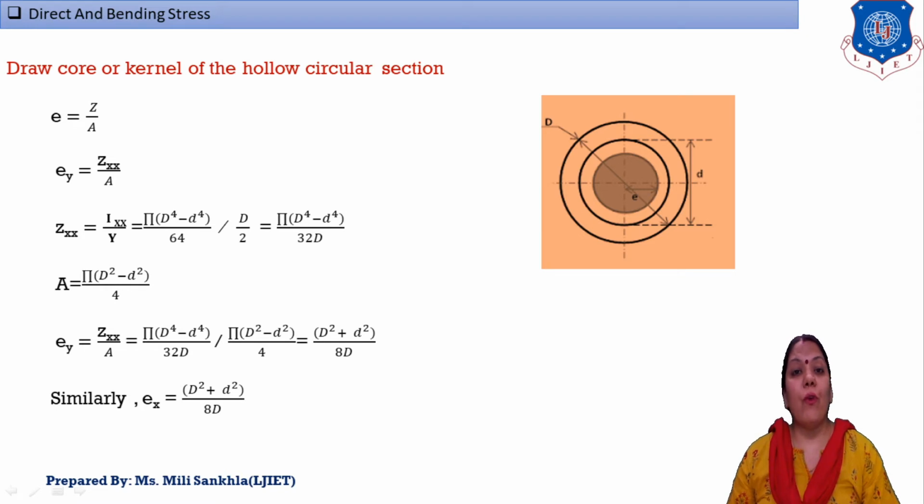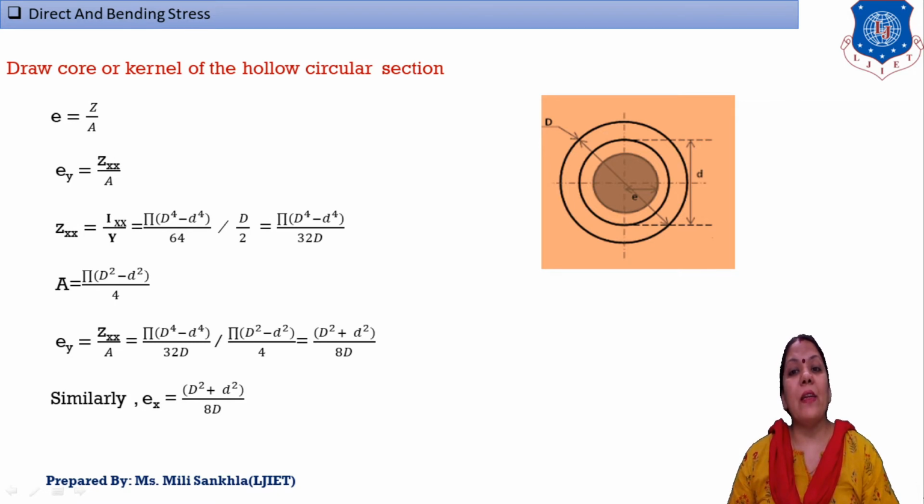Now what is the moment of inertia for the hollow circular section? It is pi by 64 times capital D raised to 4 minus small d raised to 4, because the outer diameter is capital D and the inner diameter is small d. And y is the distance from the center to the outer surface, which is capital D by 2.